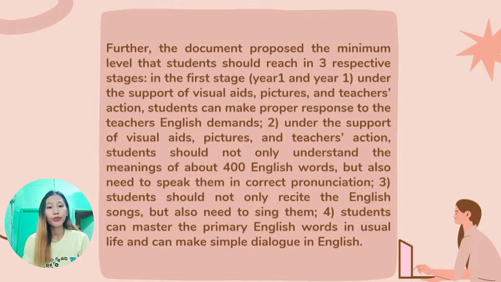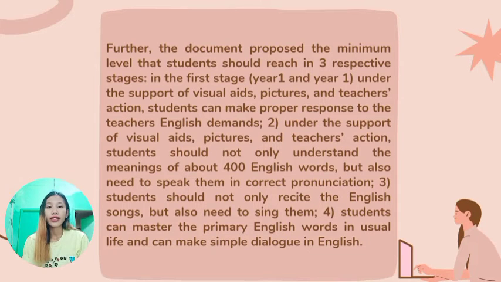Further, the document proposed the minimum level that should be reached in the 3 respective stages. In the first stage, year 1 and year 2, under the support of visual aids, pictures, and the teacher's actions, students can make a proper response to the teacher's English demands. Students not only understand about 400 English words, but also need to speak them in correct pronunciation.